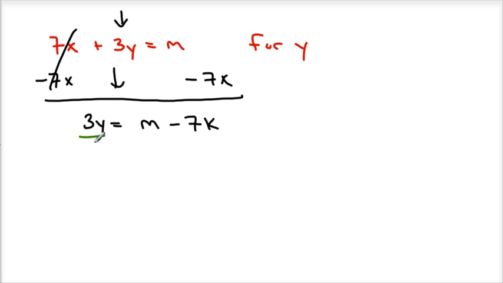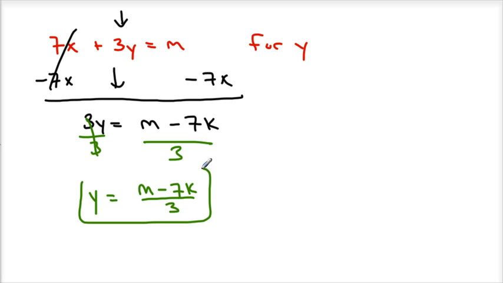Divide by 3. Excellent, divide both sides by 3. So here I have y equals m minus 7x divided by 3. Sorry, I wrote a k somewhere, it's 7x.